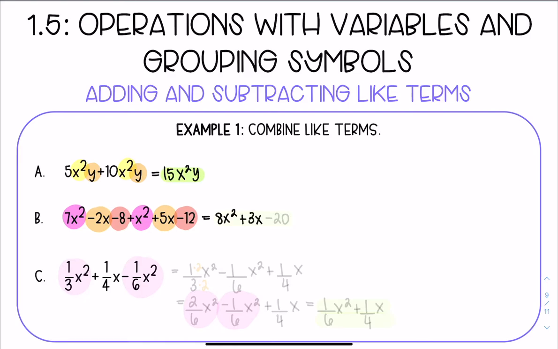And negative 8 minus 12 is negative 20. Now be careful, we can't add an x squared and an x term together because the exponents are different. A lot of people will try to add them together and get x cubed. We can't do that.